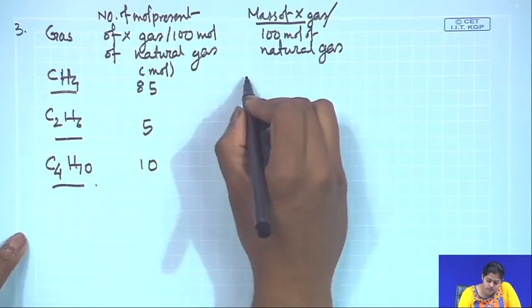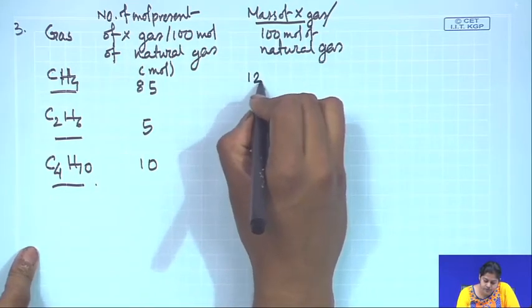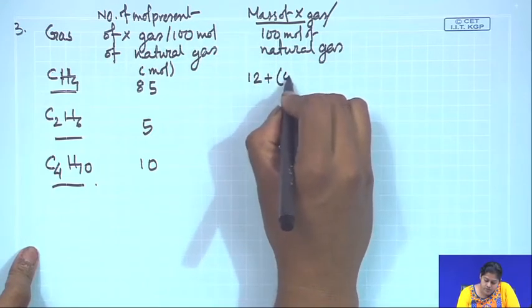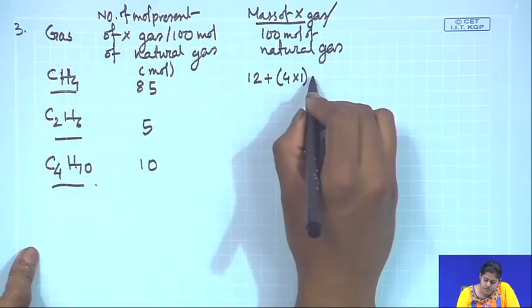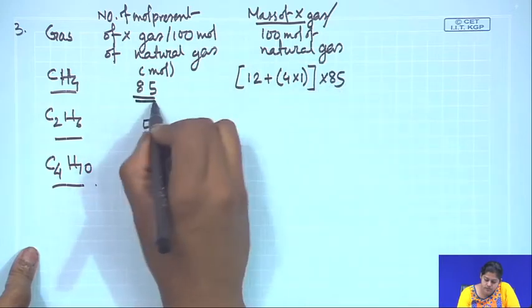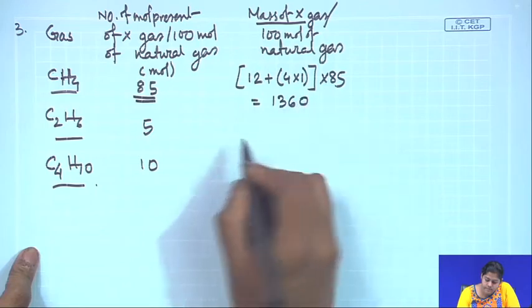So, carbon atomic weight is 12 plus hydrogen atomic weight is 1. So, 4 into 1, there are 4 hydrogen, that into 85, that is the mole. So, this will be equal to 1360.